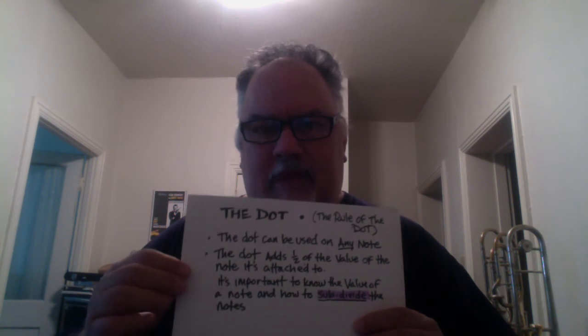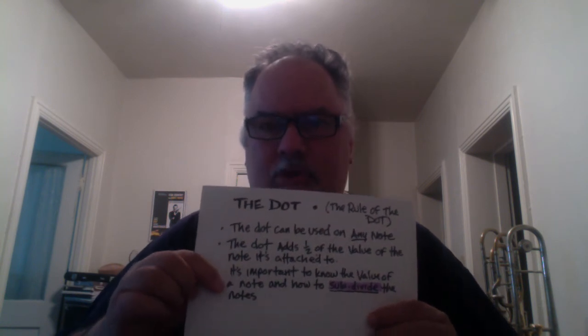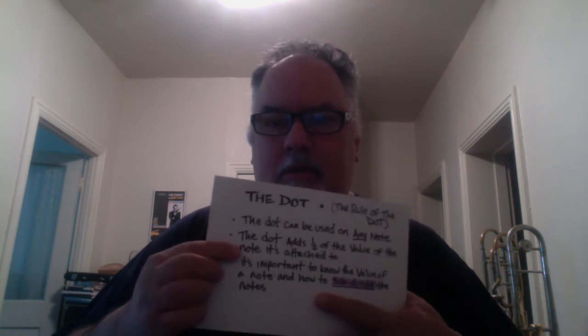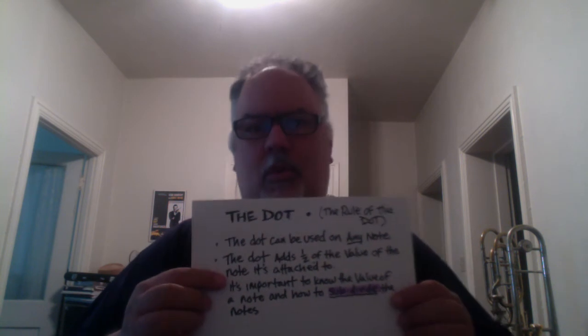Down here it says it's important to know the value of a note and how to subdivide the notes. Well, what does subdivide mean? You can think of it as in fractions. When you take a whole, something that's one, and you split it in half, you get two halves.